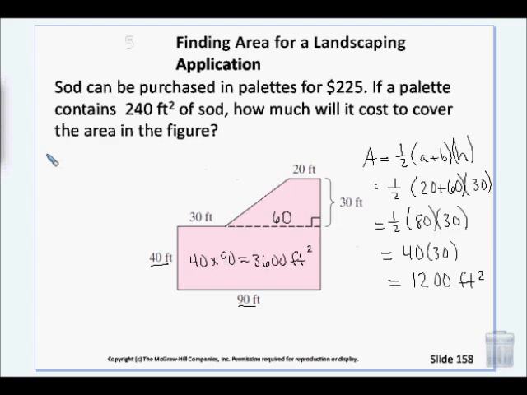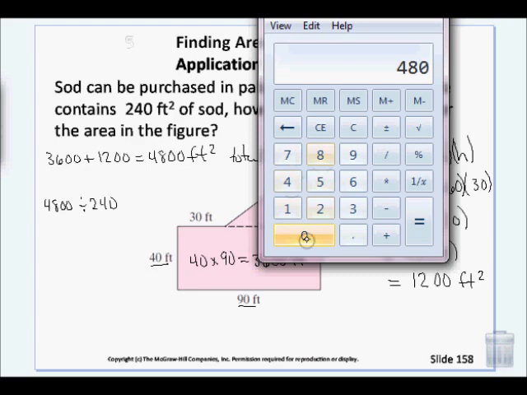Okay. So my total area is 4,800 square feet. And I want to know how many pallets of sod I need to buy in order to figure out how much it's going to cost, right? So I have to divide it. So I'm going to divide 4,800 by 240, because that's how many square feet of sod are in each pallet.